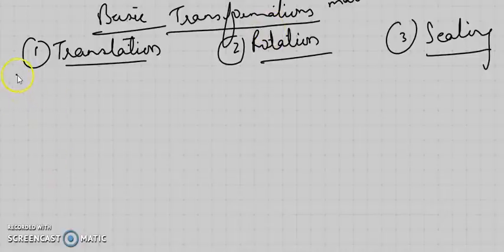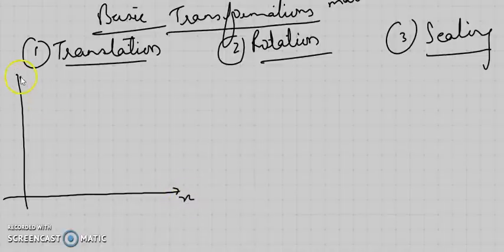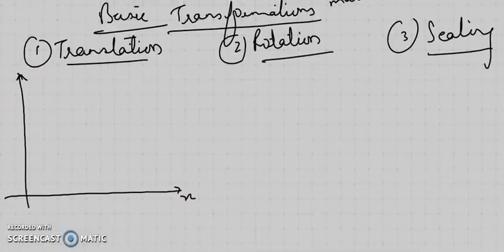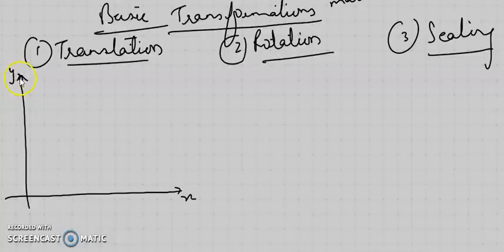So when I say translation, what am I doing? This is x, this is y, right? So any line on my original line P1, P2, say I am translating it out here. So this becomes my P1 dash, this becomes my P2 dash.